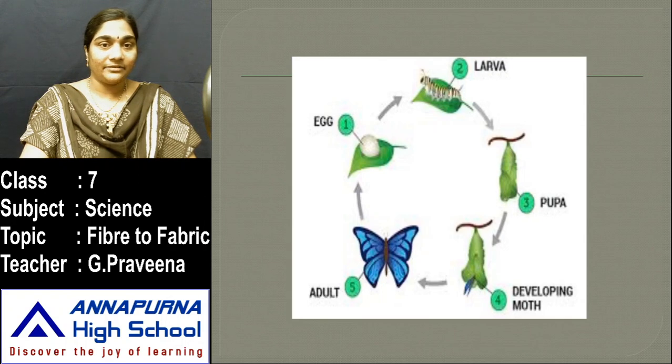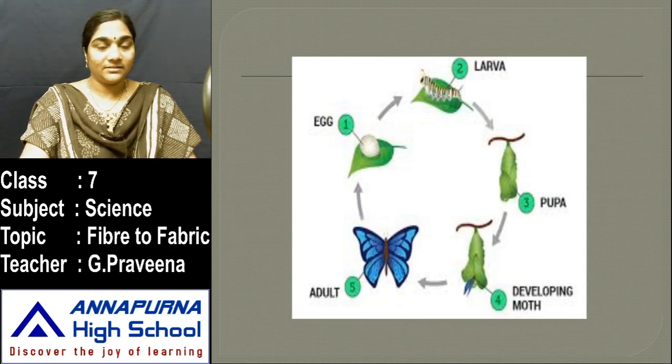When the larva enters the third stage, which is called the pupa, it develops inside a fiber-like structure, and during that process it starts spinning a white thread-like structure around its body. It moves its head in the form of a figure 8 and spins the fiber.